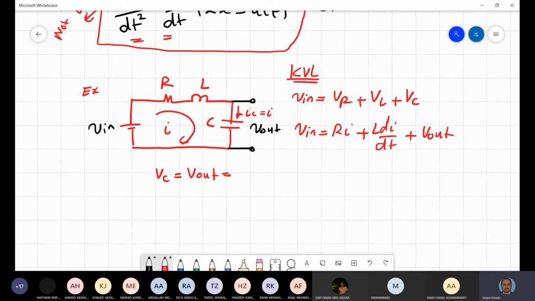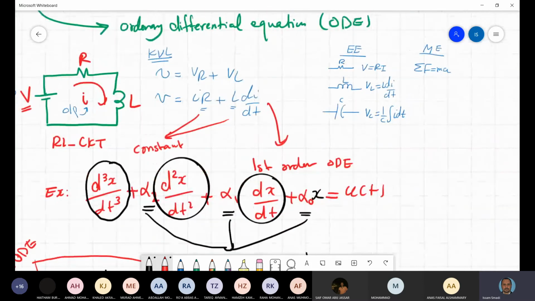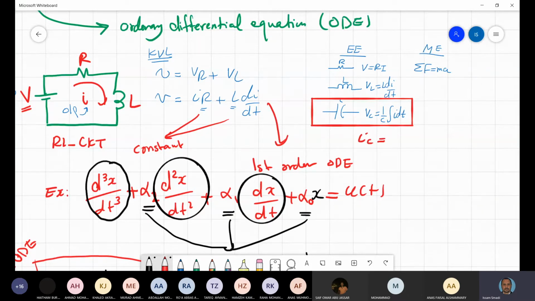What is the relation between the voltage across the capacitor and the current passing through the capacitor? Integration. This is VC equal. If I need to find IC, I will differentiate, correct? C dVC by dt.